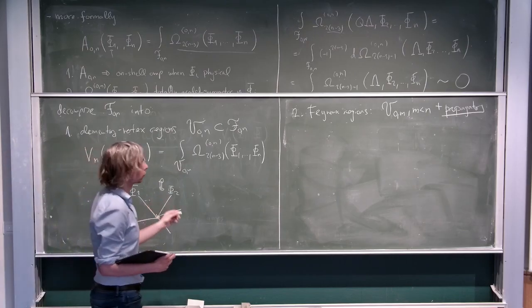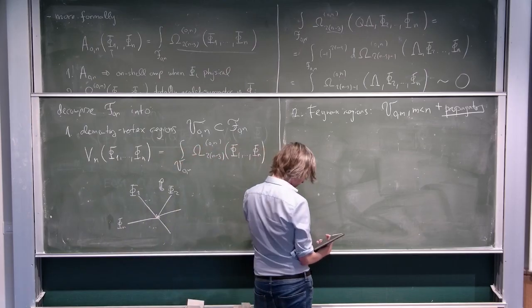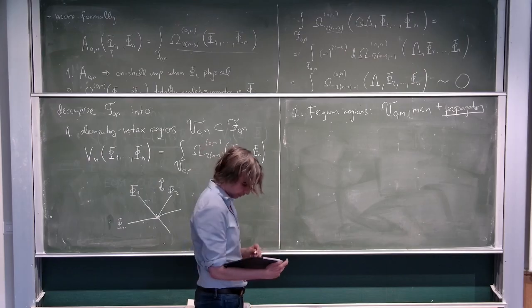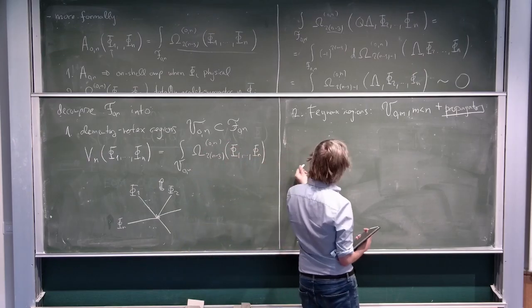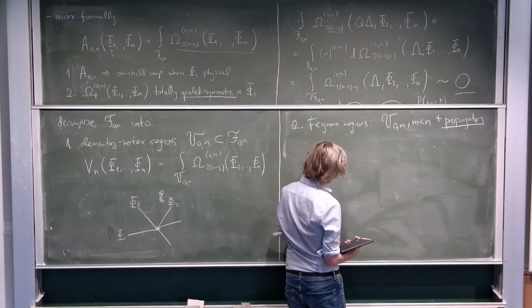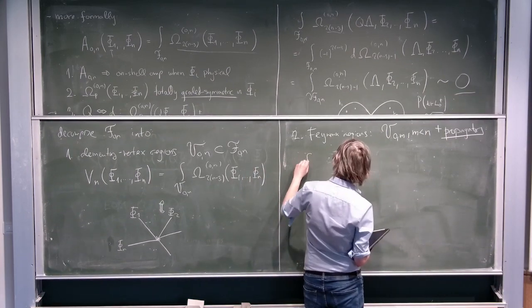Using the common wisdom, a propagator should be something which inverts the kinetic operator of the action, right? So string field theory, even at a free level, is a gauge theory. In order to construct a propagator, I first of all need to fix the gauge.